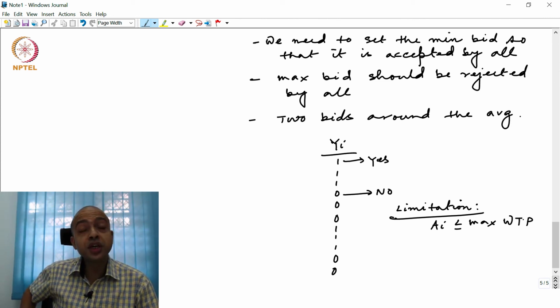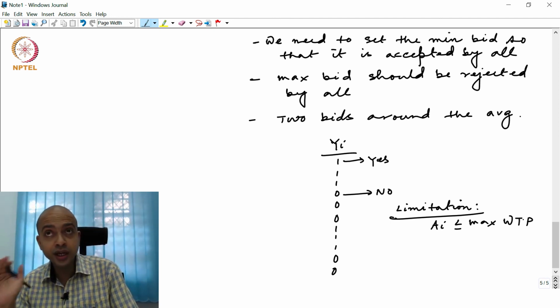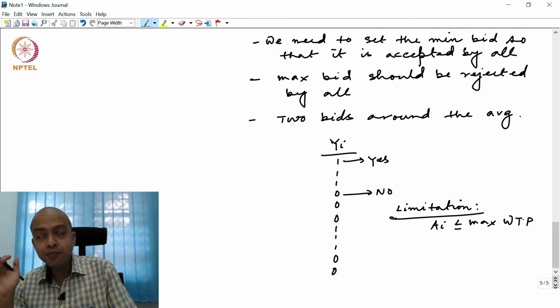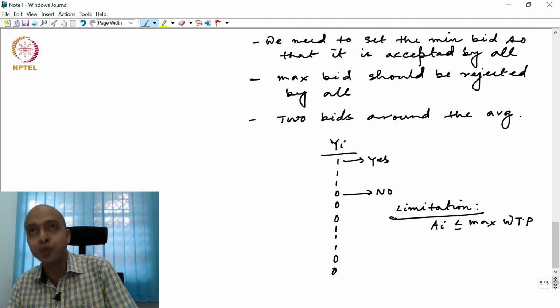That means when I am asking, are you ready to pay 50 rupees, the consumer will say yes. Now it may so happen that the consumer would have paid even higher than 50 rupees. But since I am stopping the game there itself, I am not able to get the information about the maximum willingness to pay.